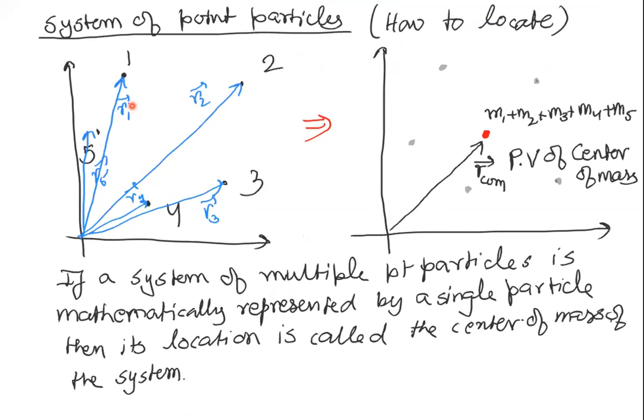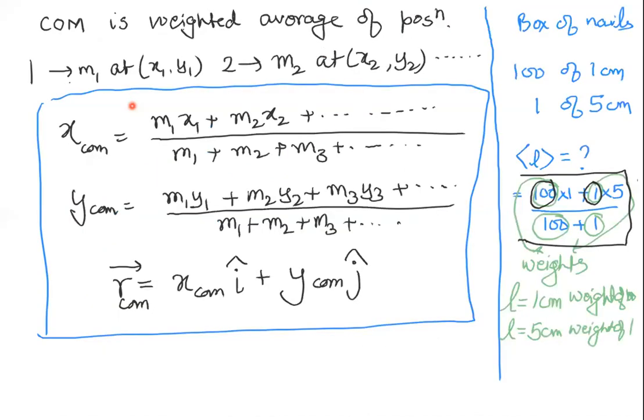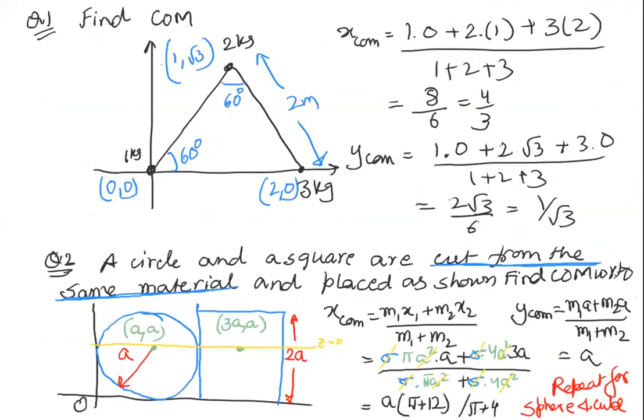Screenshot लेते जाना भैया जिसने नहीं लिया है. Third, the formula for the x coordinate and the y coordinate of center of mass of a system of discrete particles. Two questions we did, three actually.